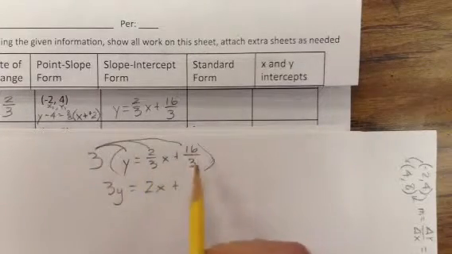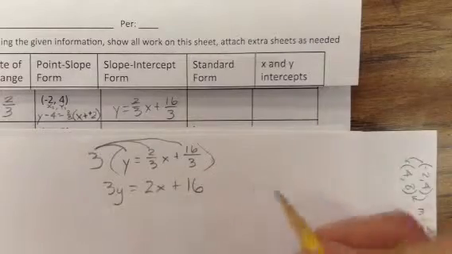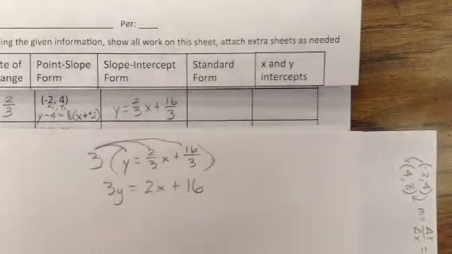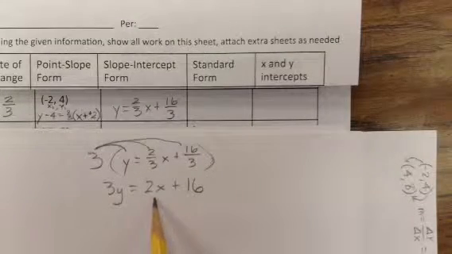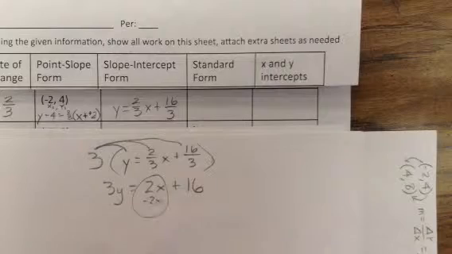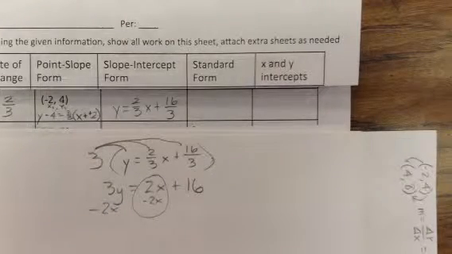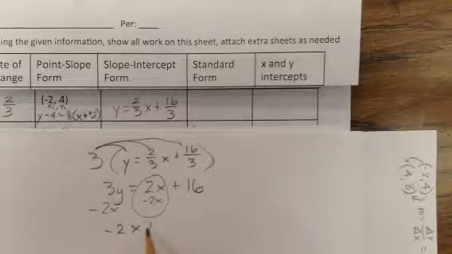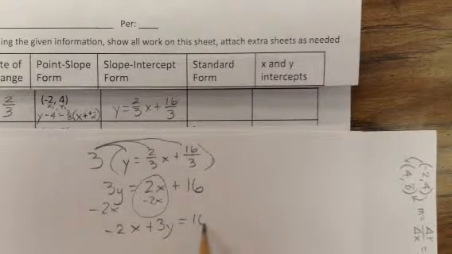And if I multiply this out, my 3's will cancel, leaving 16. Okay, so now all we got to do is get our x and y value on the same side. So to make a 0 pair, I'm going to subtract 2x. I'm going to do the same thing over here. I get negative 2x plus 3y is equal to 16.